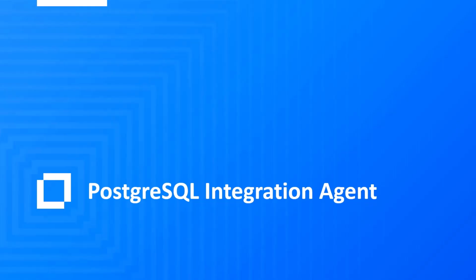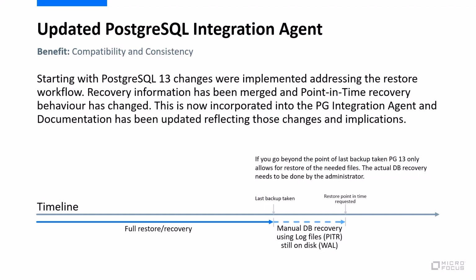In order to support the latest version of PostgreSQL, we need to change some ingredients of the integration agent. Especially starting with PostgreSQL 13 and onwards, there is a certain different behavior in terms of point-in-time recovery. Backups which have been done to a certain point in time can be completely restored the same way as before.